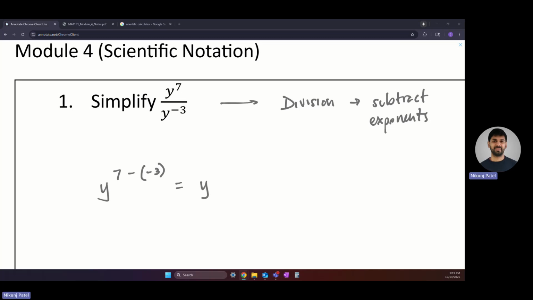Simplifying 7 minus -3 is the same thing as 7 plus 3, so this turns into y to the power of 10. An intermediate step you could have written was y to the 7 plus 3, and that's how we get that 10. So simplified, this is y to the power of 10.